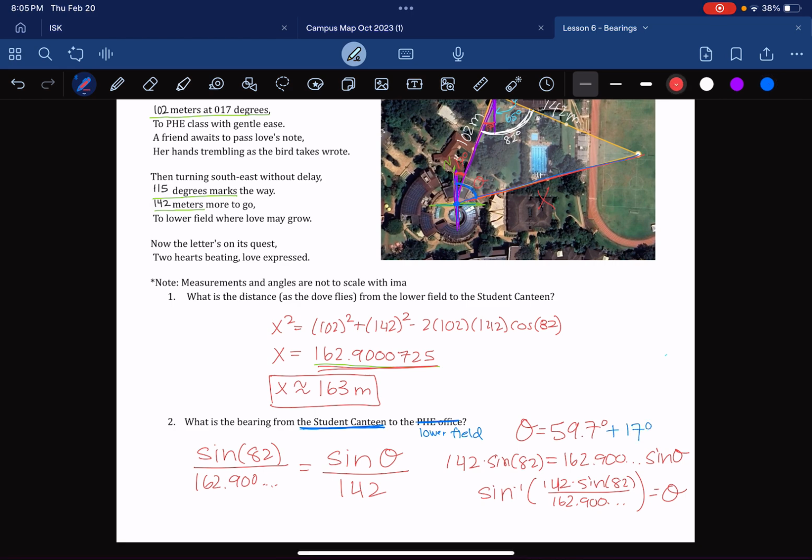So then my total will come out to 78.7. Did I do that right? Oh, 76. Sorry. 76.7 degrees. Okay. And I should also put a 0 out in front. And then that is going to be our bearing.